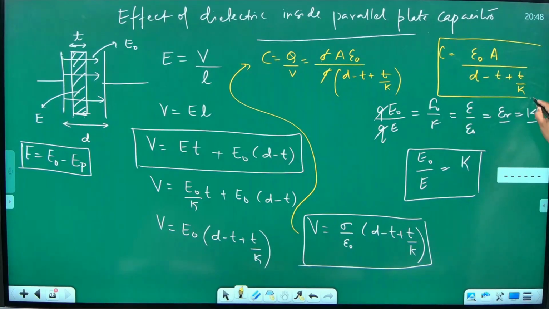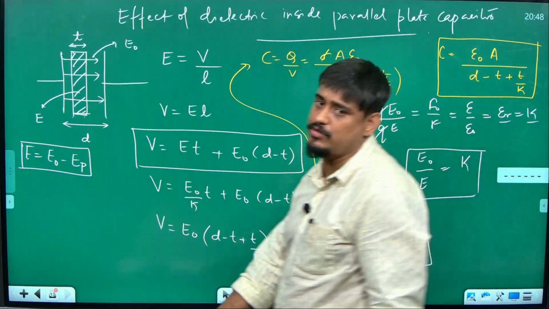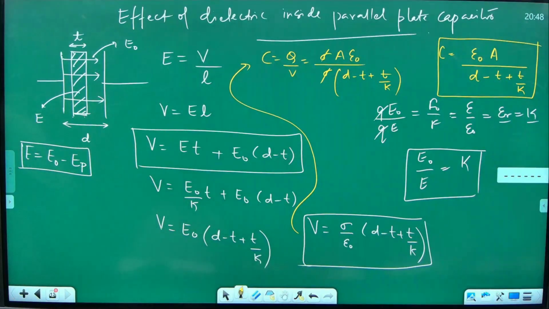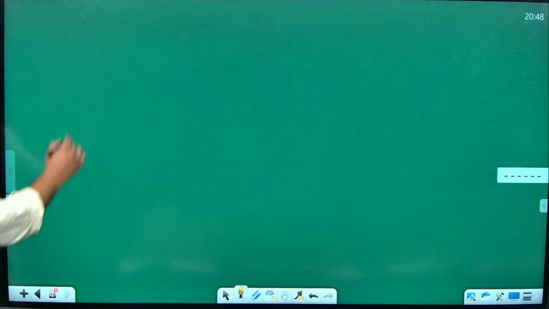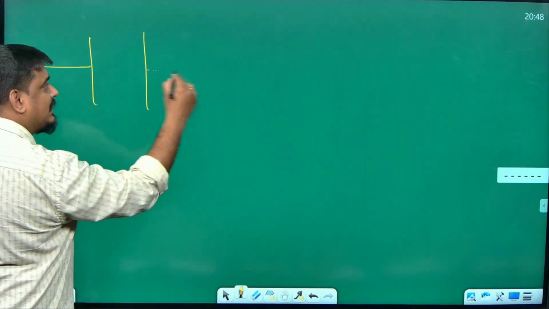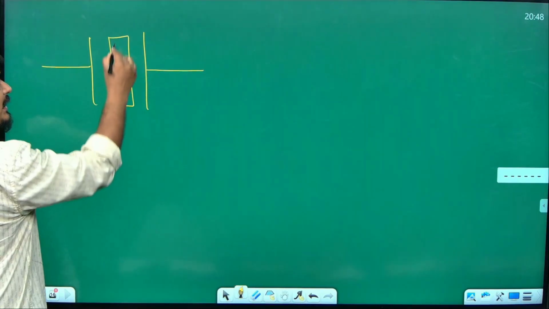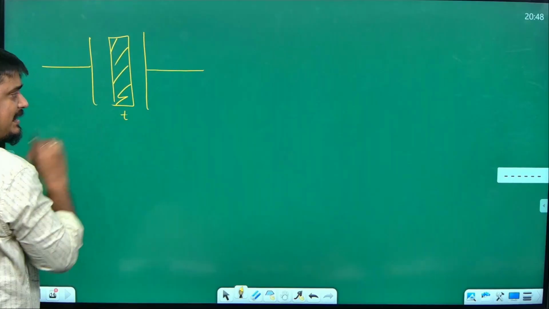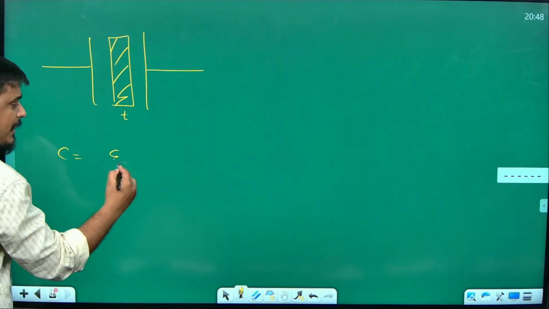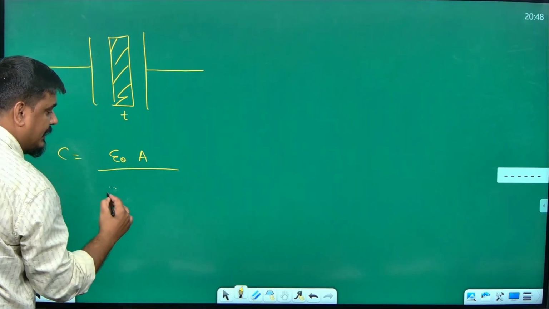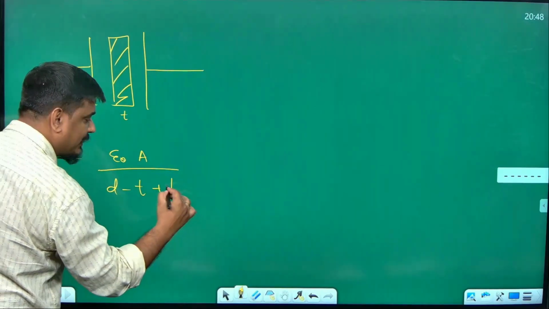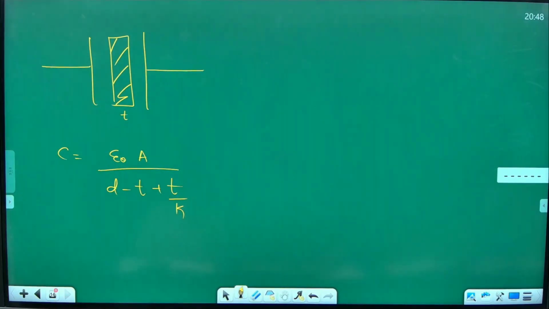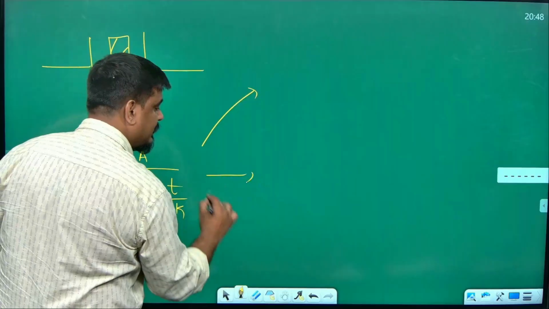This is the mother formula I was talking about. Because now you know that if you have a capacitor in which you have a dielectric of thickness T, the capacitance has become epsilon naught A by D minus T plus T by K. There are three possibilities.